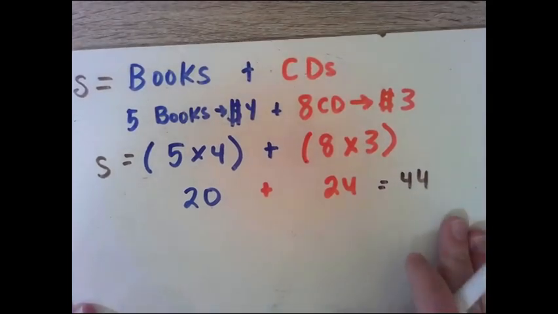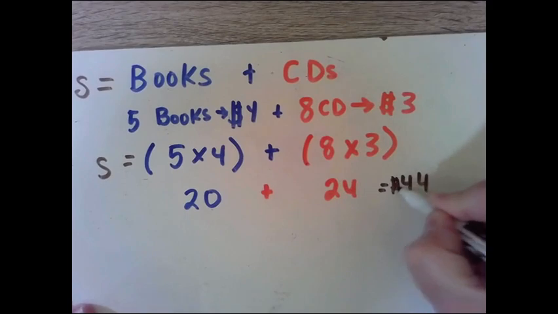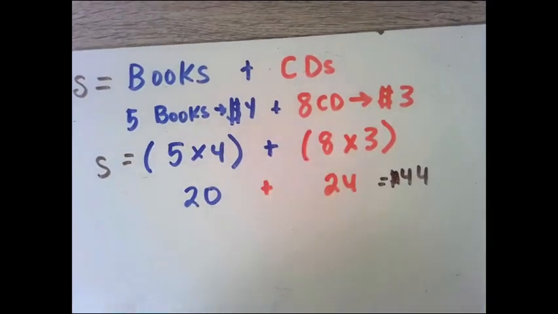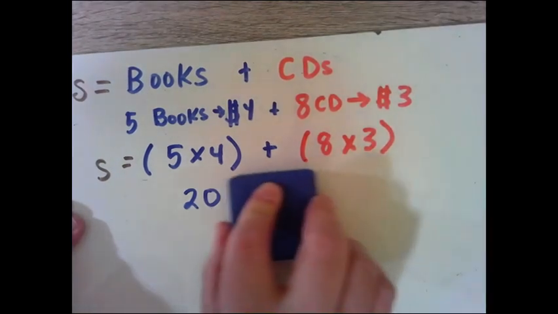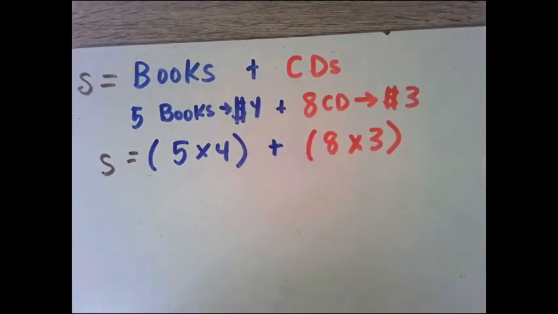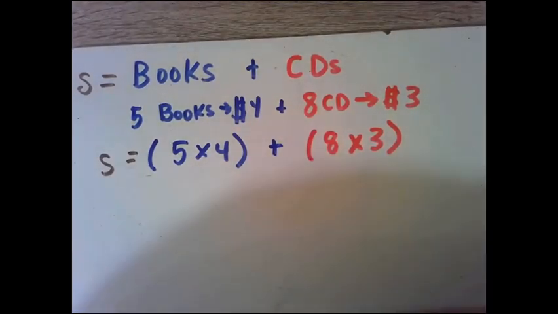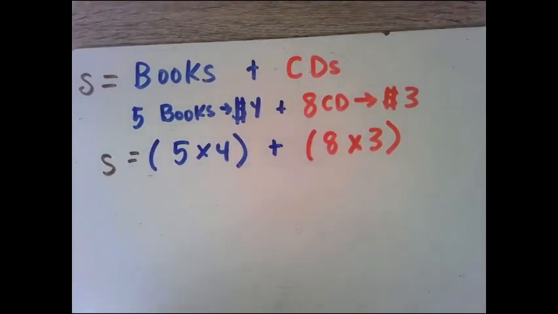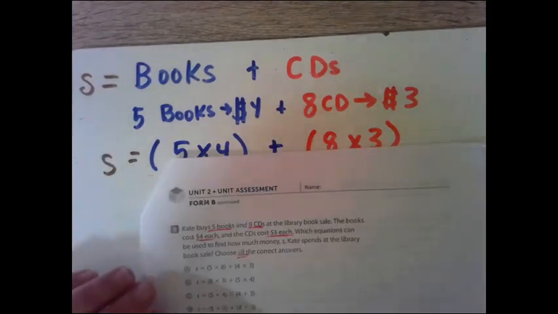But anyway, we don't really need to know that to answer this question, but in case you're wondering, she spent 44 bucks. So now what we're going to do, and I'm going to just erase this so that we're not confused, we're just going to look at this equation, and we're going to go back and choose all the equations that look like it here.